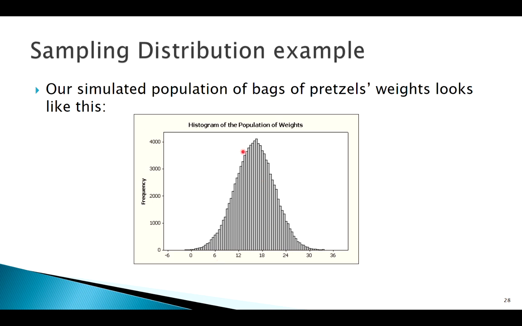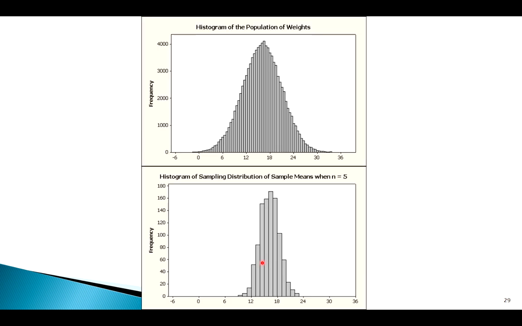All right, so here's our hypothetical population: 100,000 bags of pretzels, pretty normal, centered at 16, standard deviation of 5. Here on top is our hypothetical population. On the bottom is a sampling distribution of 1,000 sample means, sample size 5.